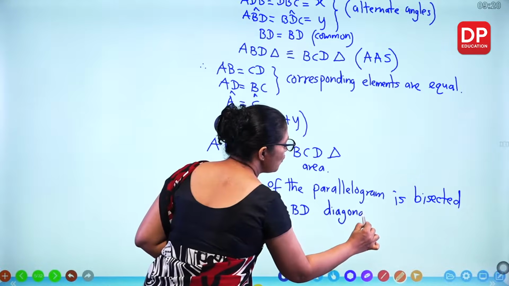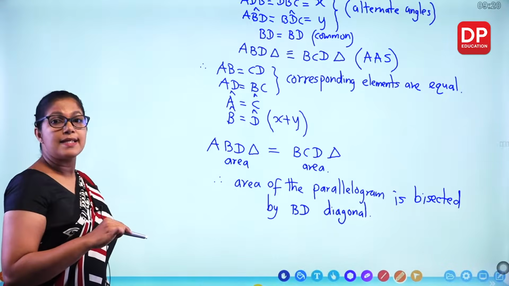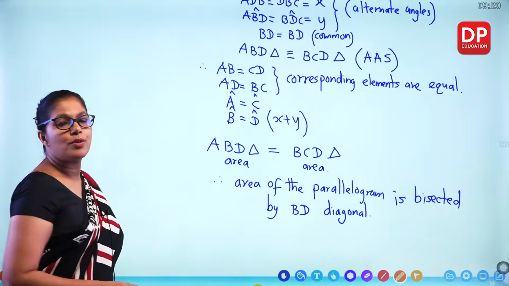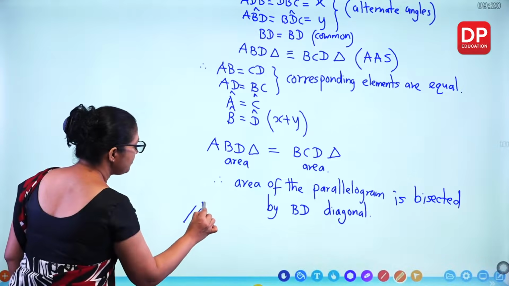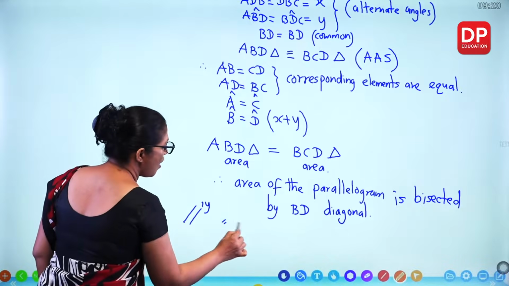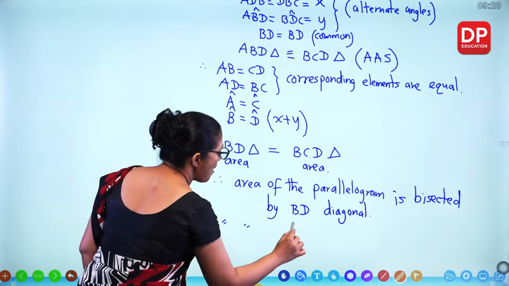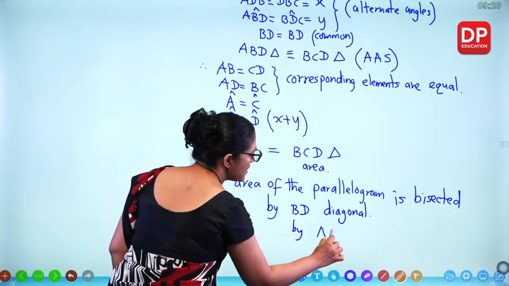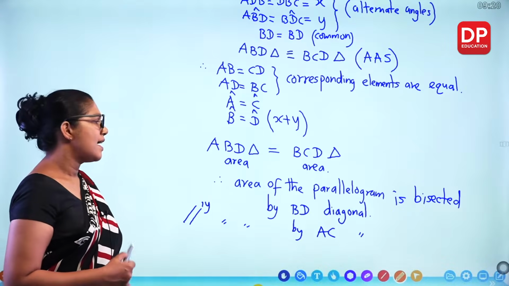Similarly, if you take the other diagonal AC, you can show the same thing. So I can write similarly, area of the parallelogram is bisected by AC diagonal as well when you consider the other one.